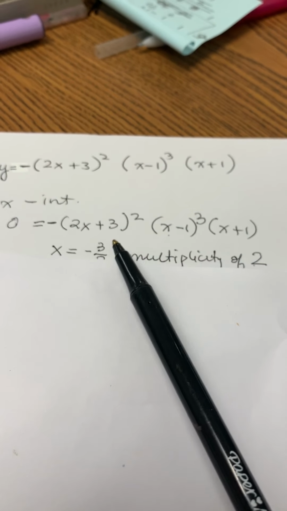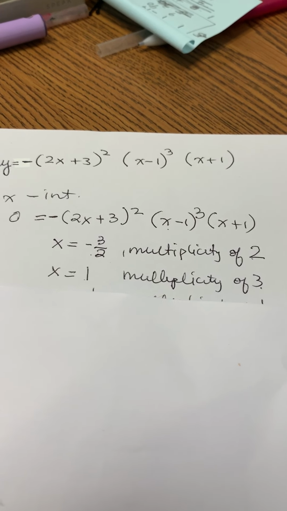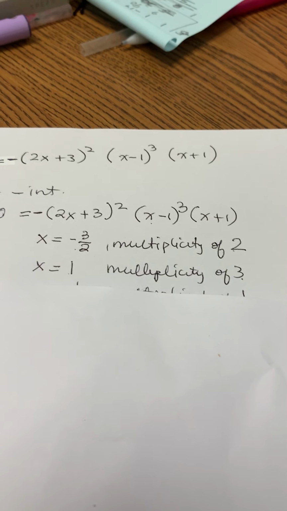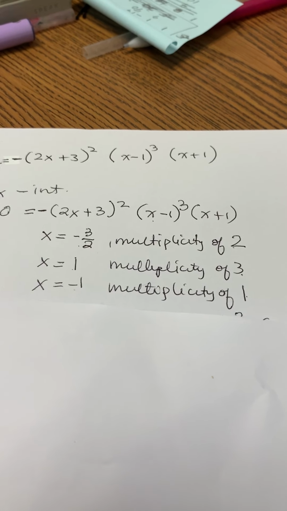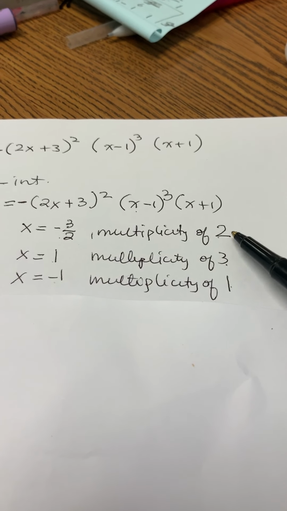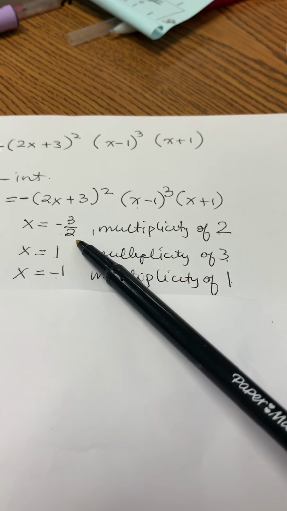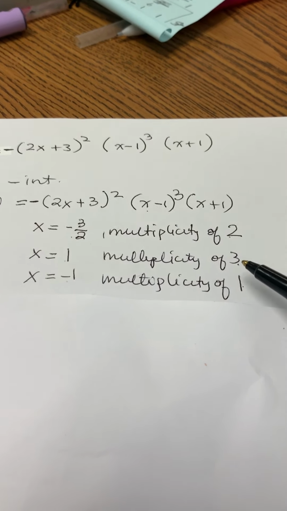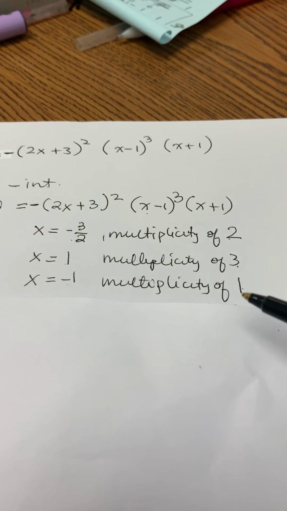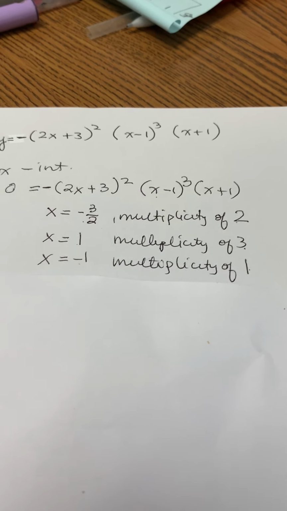So we'll have negative 3/2 with a multiplicity of 2. We're going to have x equals 1 with a multiplicity of 3 and x plus 1 with a multiplicity of 1. So since the multiplicity is even, this is repeated an even number of times, we're going to bounce on negative 3/2. This is odd, so we're going to cross on x equals 1. This is also odd, so we're going to cross on negative 1.